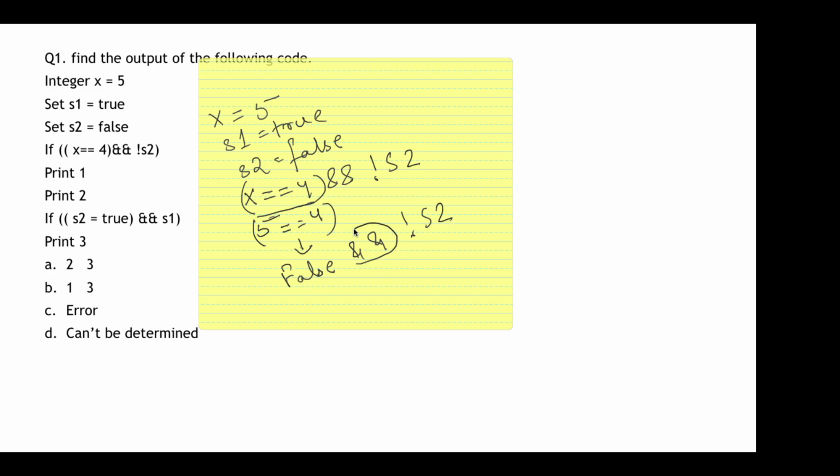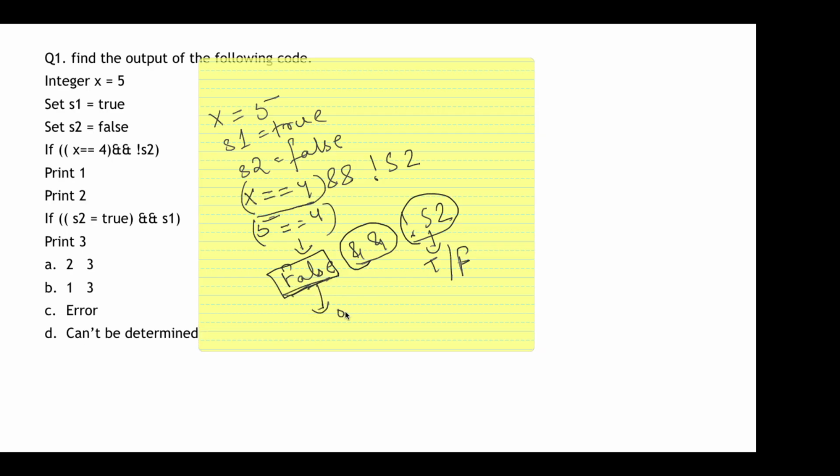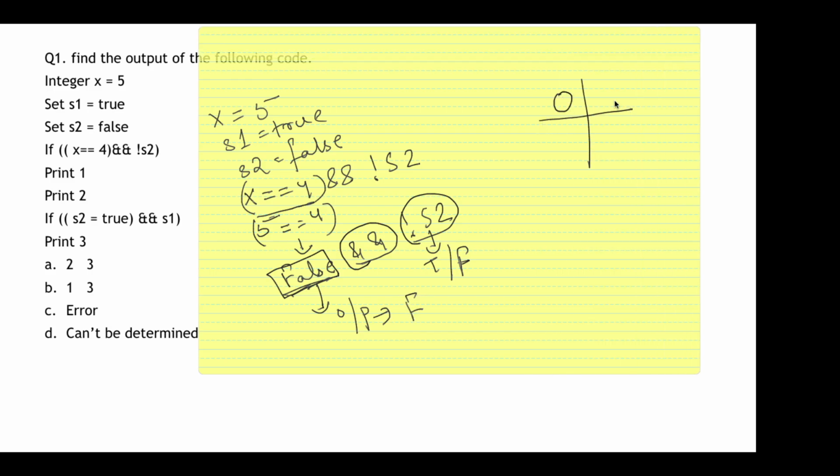Always remember when it's an AND operation, if one value is false, it doesn't matter whether the second value is true or false. If one is false, that implies that the output will always be false. Okay, we can see how. Suppose this is the table, this is again 0 1.